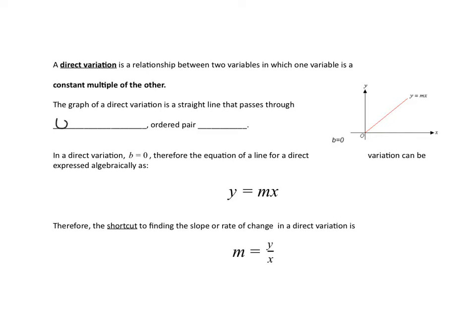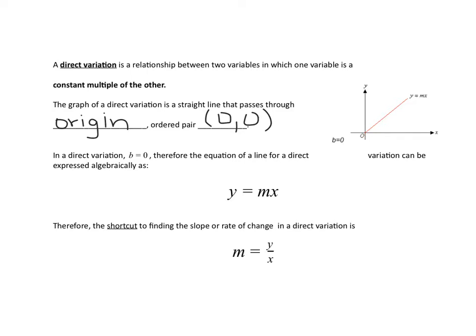If you remember from our previous lessons on scatter plots, the origin is a very particular coordinate point, or ordered pair, located at (0, 0). So any line that is considered to be a direct variation will always start at the origin, so its starting value will always be (0, 0).